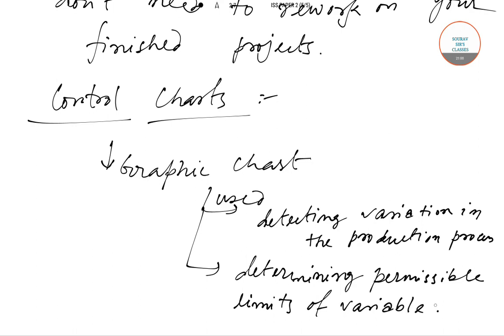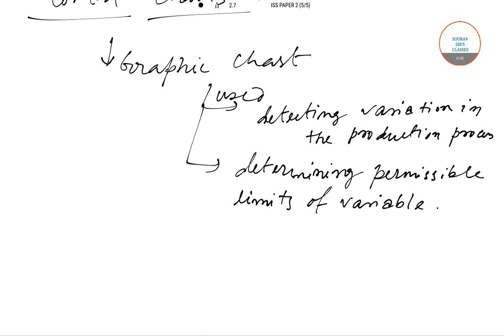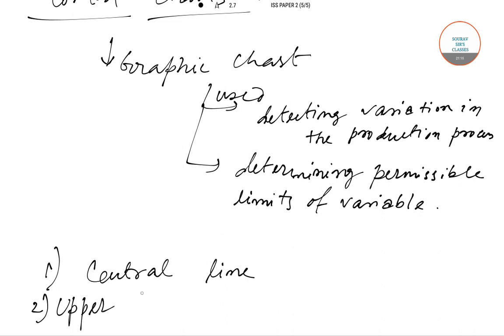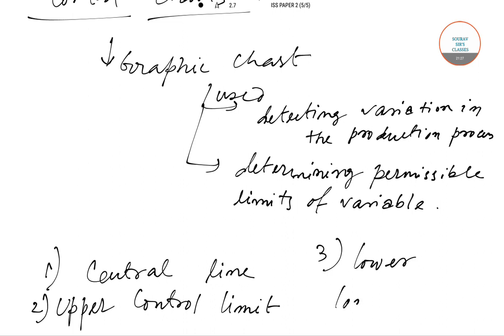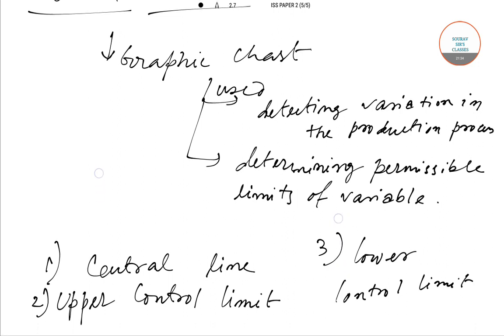Now, a few important parts of this graphic chart or control chart are: one is the central line, the second one is the upper control limit, then there is the lower control limit. So what is the central line?